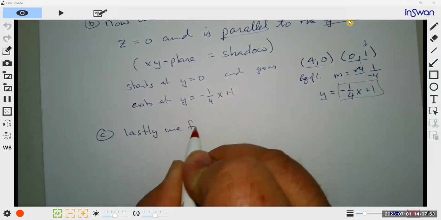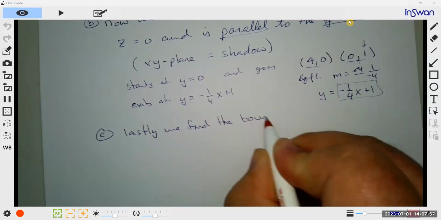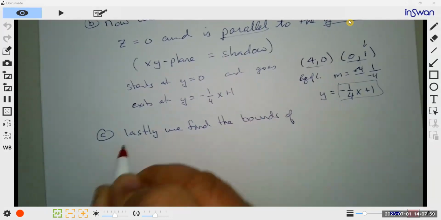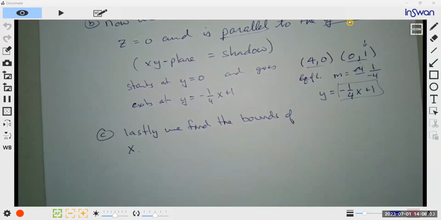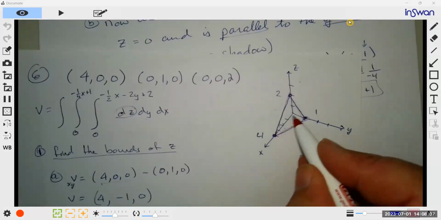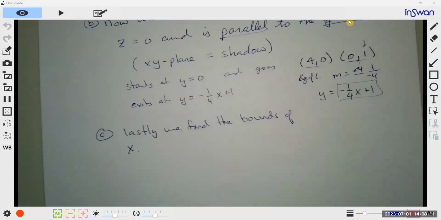Lastly, we find the bounds of x. We know what the x is because it starts at 0 and it goes to 4.